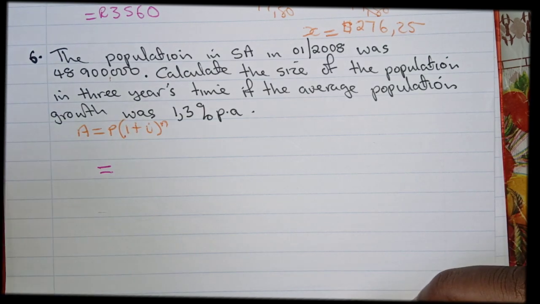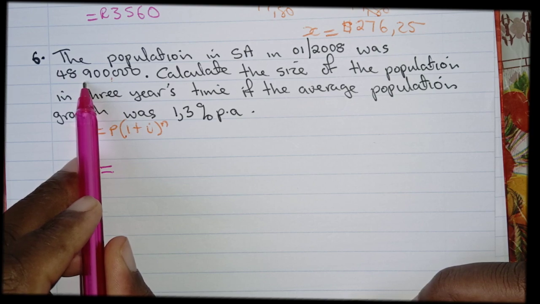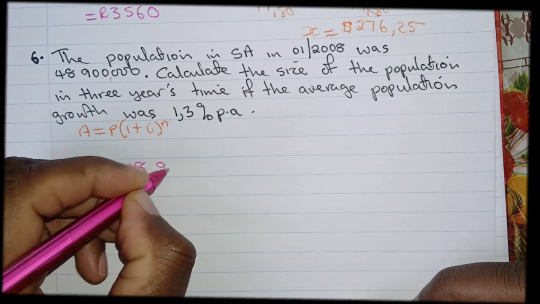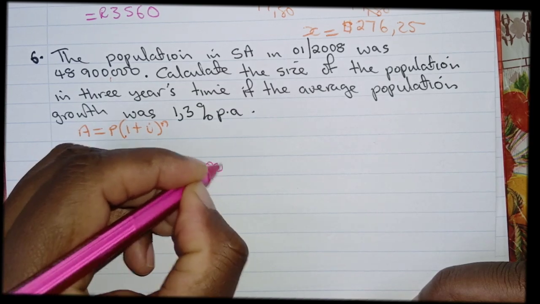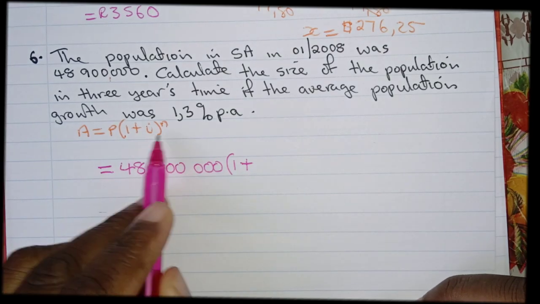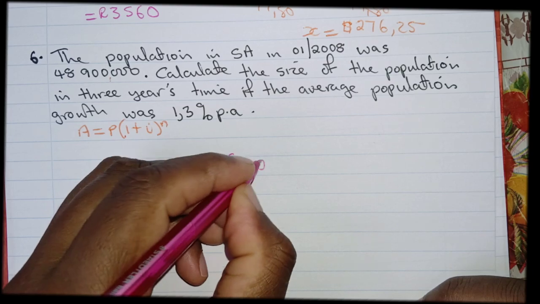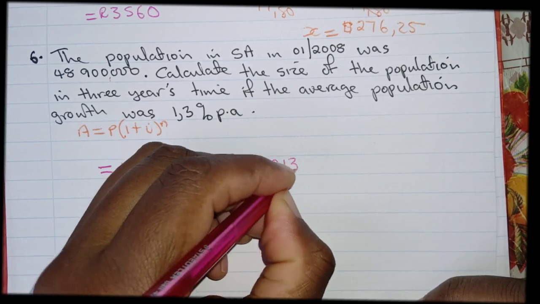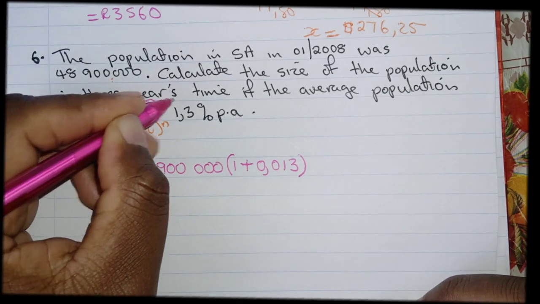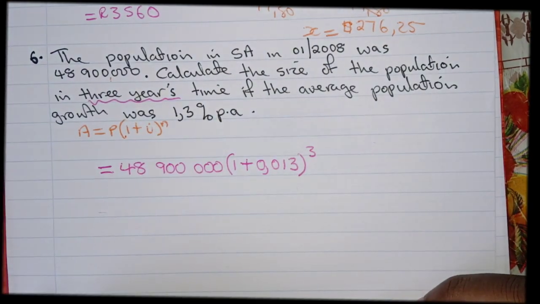This is going to be equal to, your P is the population in 2008, that is 48,900,000. And then 1 plus our i is the interest, 1.3 over 100, that is 0.013. And then it is saying in 3 years' time. So our n is equal to 3.